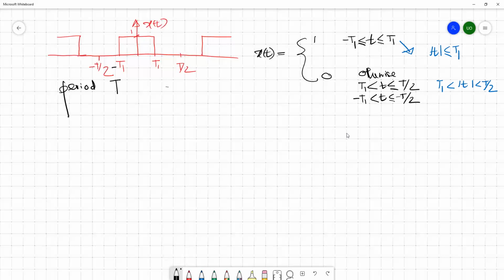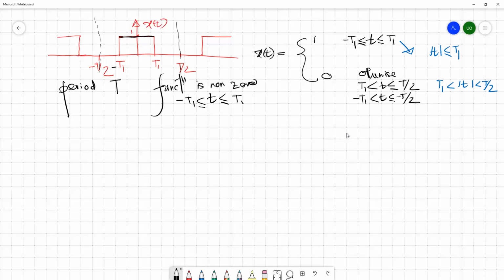This function is non-zero between this region, minus t1 to plus t1. So this is the period of the function, and this is non-zero during this period.